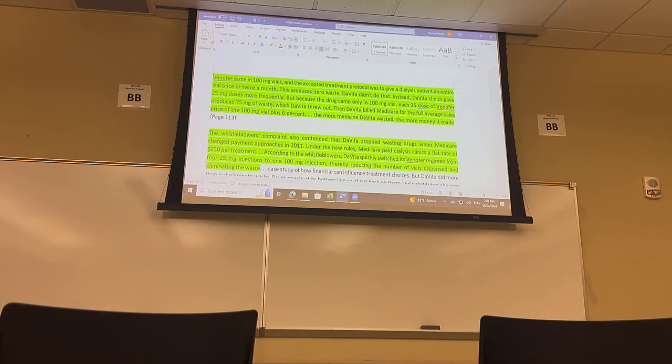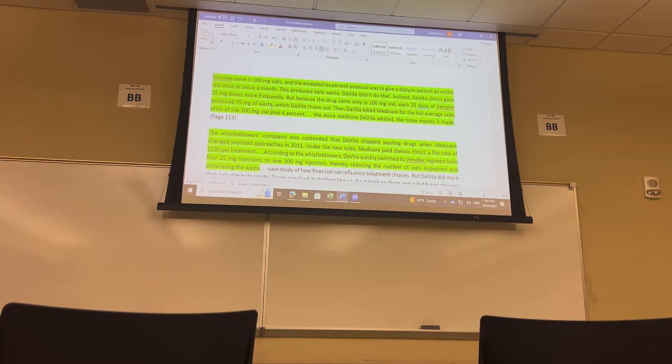So this company came up with 100 milligram vials, and the accepted treatment protocol was to give an entire vial once or twice a month. This produced zero waste. The firm didn't do that. Instead, the clinics gave 25 milligram doses more frequently because the drug only came in 100 milligram vials.